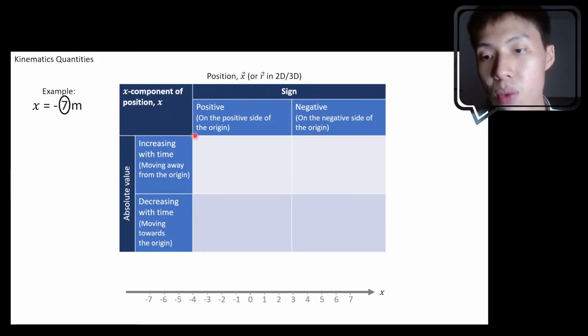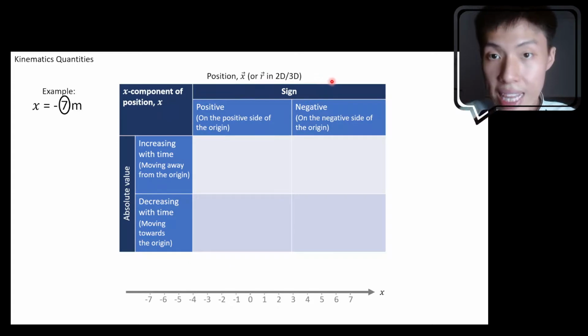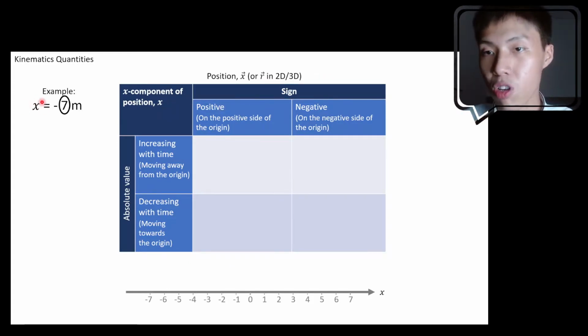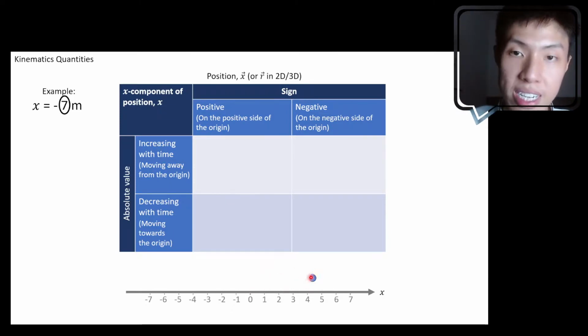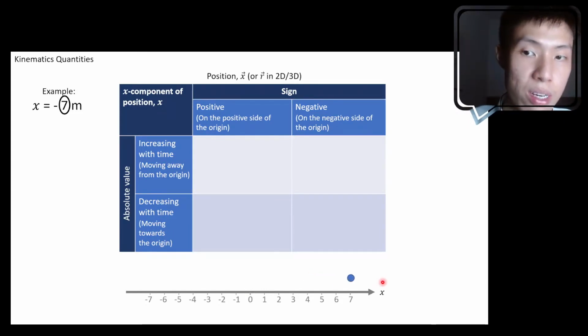Okay, now that we know how to study the absolute value and the sign, let's try to study what will happen if our x component of position here is positive and increasing with time. What does it mean? It means it is positive, so probably somewhere on the positive side of the origin. And if it's increasing, it means it's moving further away, right?